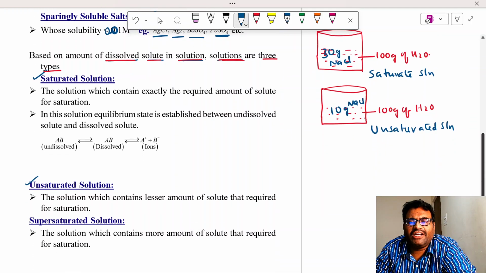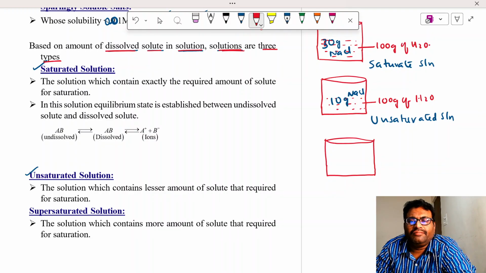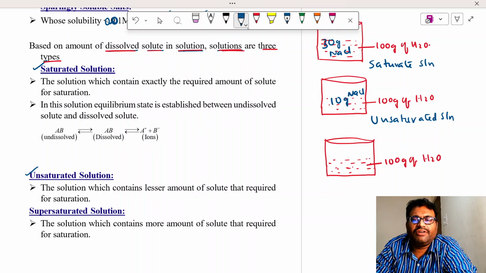Now let us take another container. Here there are 100 grams of water, the same 100 grams of water, but I dissolved how much?